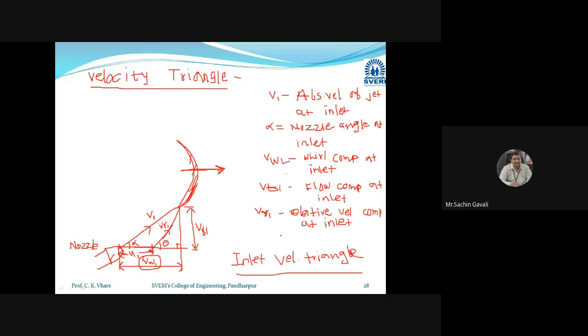Then U1 is the blade velocity at inlet. It is also called the blade angle at inlet because it is in the tangent direction.